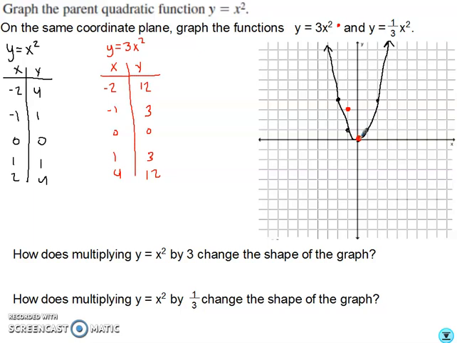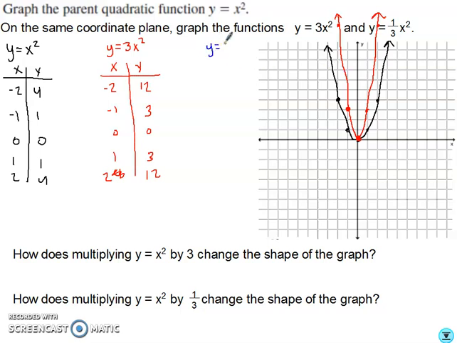Still 0, 0. There's no addition or subtraction afterwards, so we're still at 0, 0. 1, 3, and 2, 12, which is again off my graph. So my graph is going to look something like this. Notice it's a lot skinnier than my original graph was.